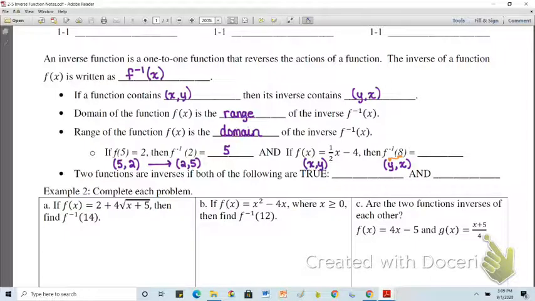So I'm going to come over to the side and set that up. I'm going to say 8 equals 1/2 x minus 4. Add 4 to both sides and multiply by 2. So 24 equals x. Therefore, f to the negative 1 of 8 equals 24.